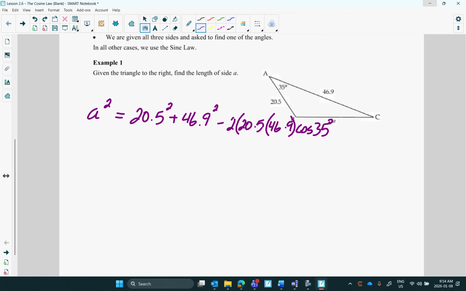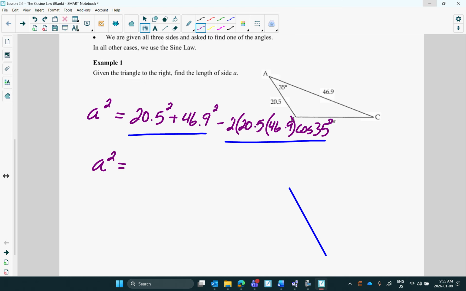So really, all we're doing is calculating all of this, and then taking its square root to find the answer. That's all we're doing. So let's do this in stages, because it's kind of hard to do it all in one shot.